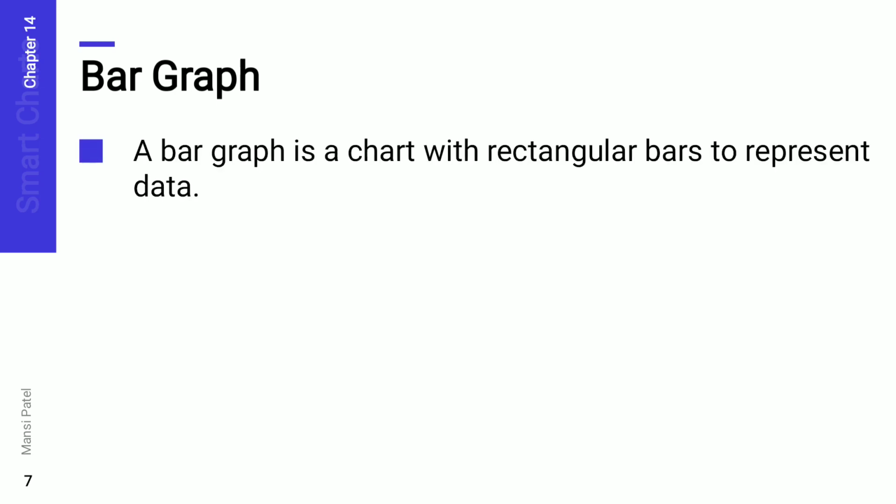Now, what is the bar graph? See here, a bar graph is a chart with rectangular bars to represent the data. If you want to represent any data in rectangular bars, then that graph is known as a bar graph.